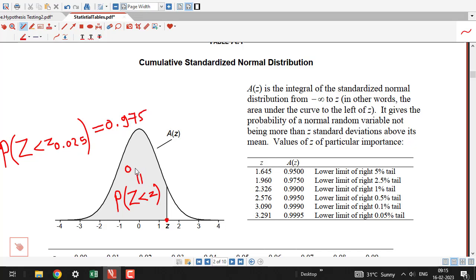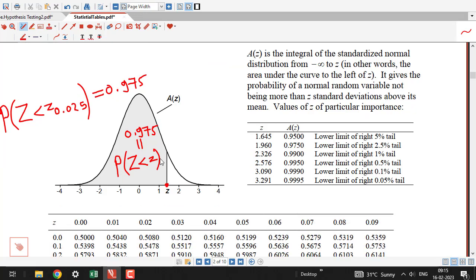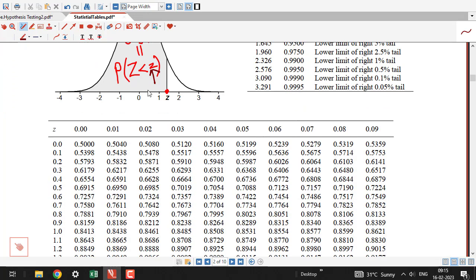In this table we are given the areas to the left of the critical point z. So I have to search for 0.975 and decide the value of small z which corresponds to this area.